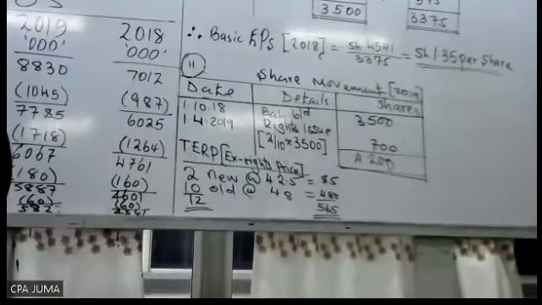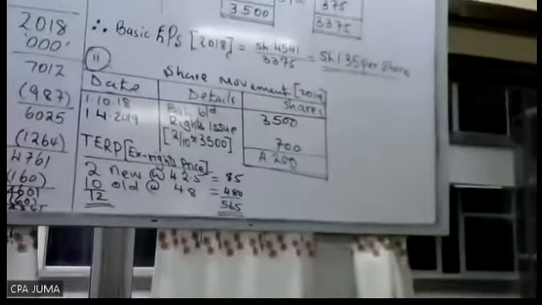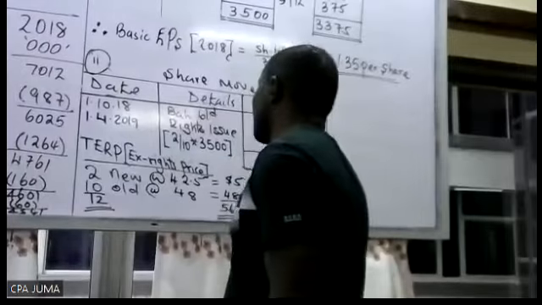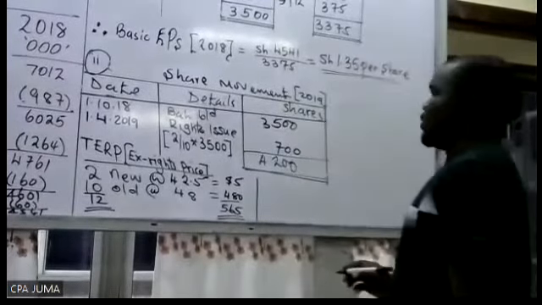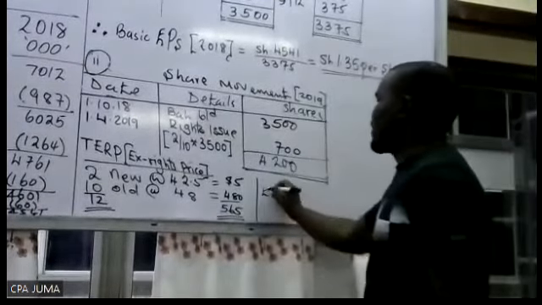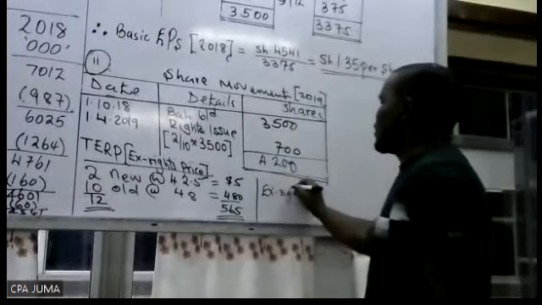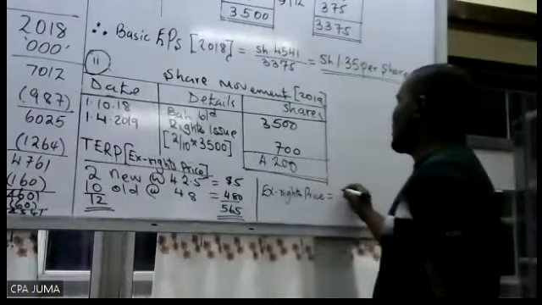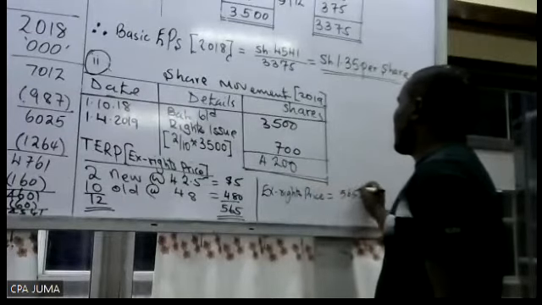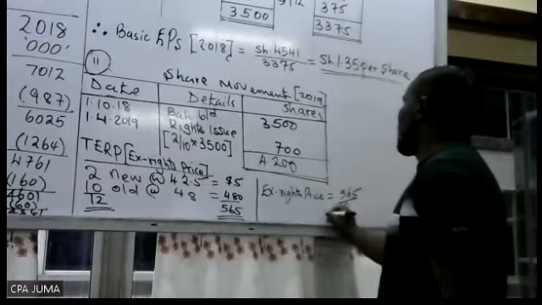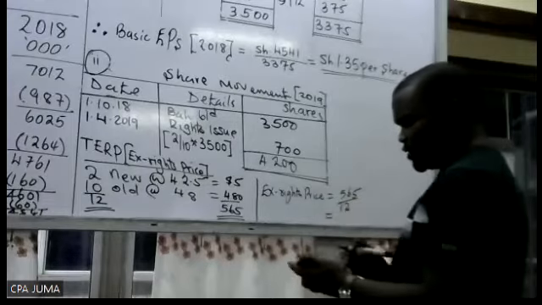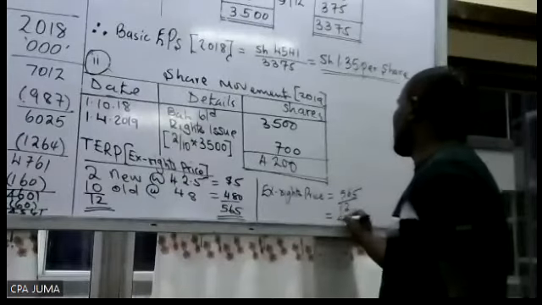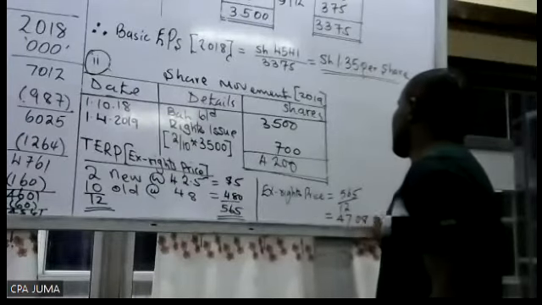Therefore, the ex-rights price is always defined as the average market price. So you come here and say the ex-rights price will therefore be 565 divided by 12, giving us 47.08.